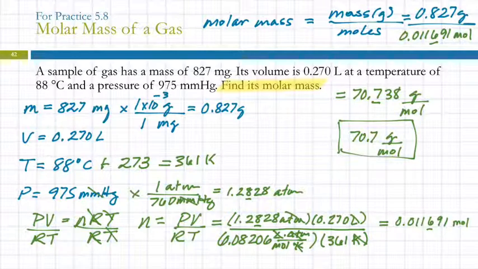Is that a reasonable molar mass? Well, what's reasonable? What is a possible molar mass? Or maybe what's an impossible molar mass? Could I have a molar mass that's 0.7 grams per mole? What's the smallest element? 1 gram per mole. That's hydrogen atoms. And even that as a gas is 2 grams per mole.